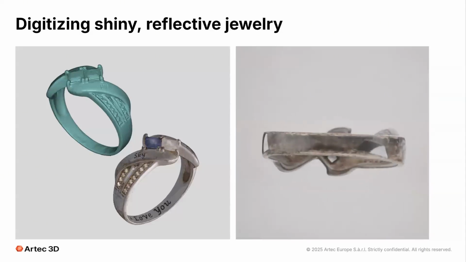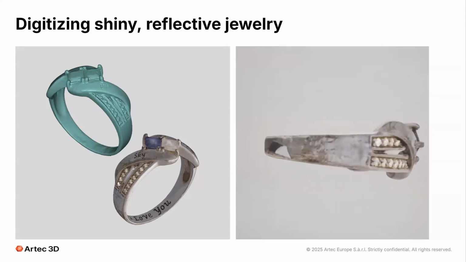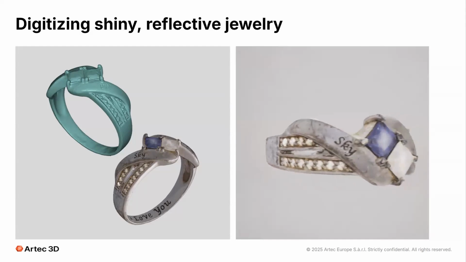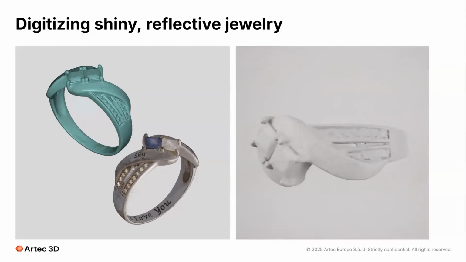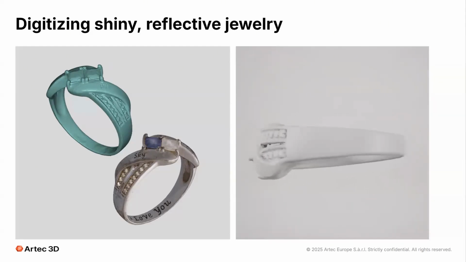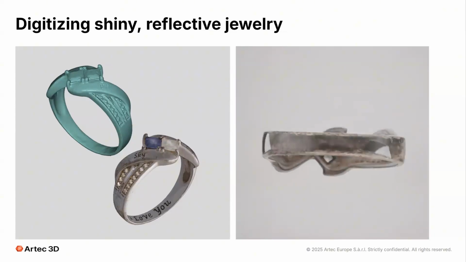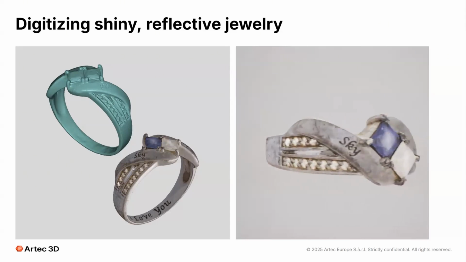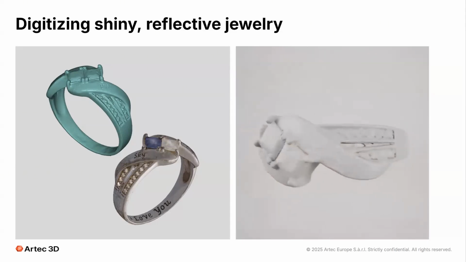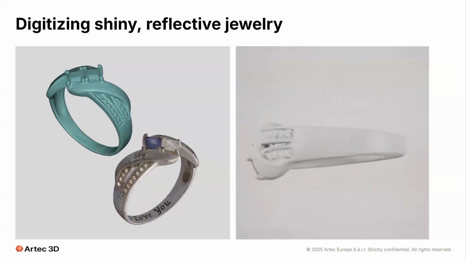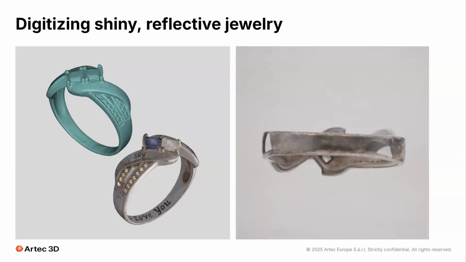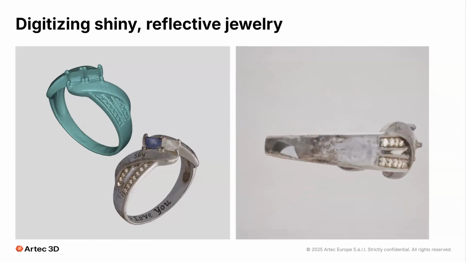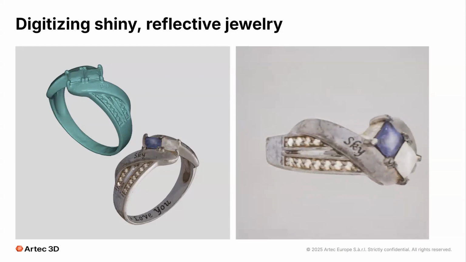So here you could take a look at the geometry of our object and at the final texture that we have received. You could see that we even preserved the tiny holes between the geometry. We have the cavities preserved really great. So we've managed to get a really good result in just around 130 photos.